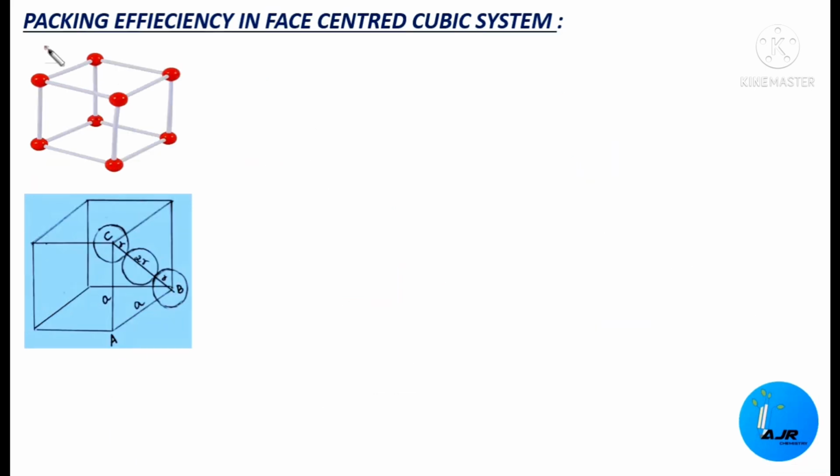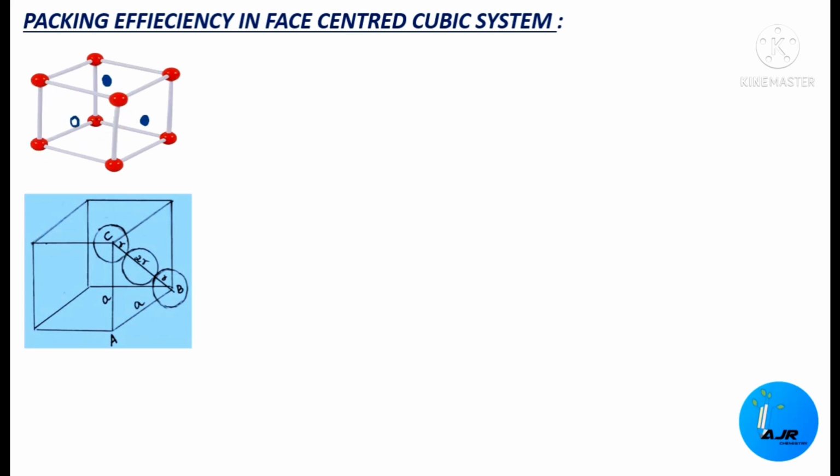Understood, students? Next, we shall see the packing efficiency in face-centered cubic system. Okay, so in face-centered cubic system we'll be having the atoms in the corners as well as atoms in the face. So we can show here, this is one face and this is another face. Okay, and this is another face.